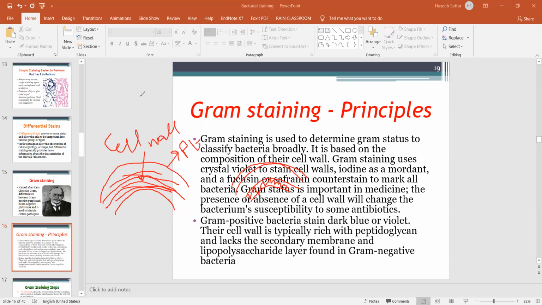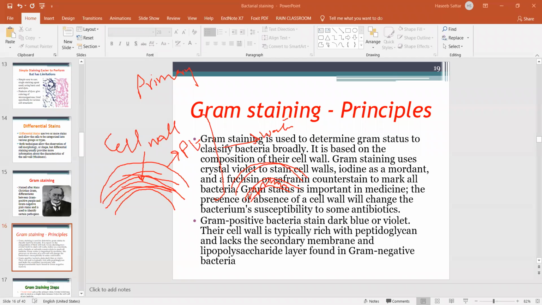So when we add the primary dye, it attaches to this peptidoglycan. Even if we wash with a decoloring agent, the primary dye will remain within the cell wall. That is why the primary dye color remains at the end of this procedure, and the gram-positive bacteria have a purple or bluish purple color.